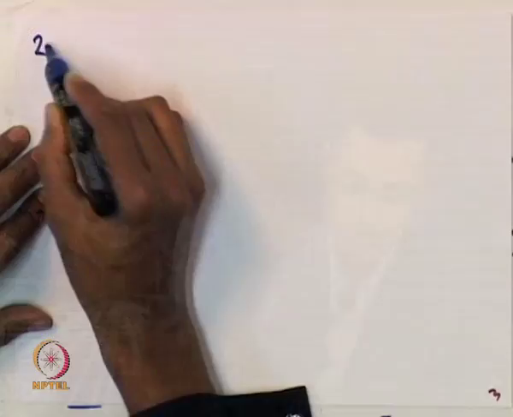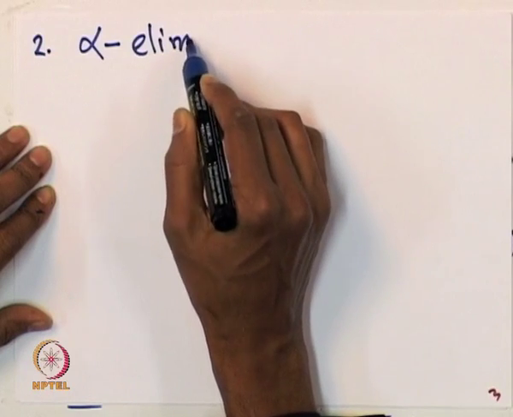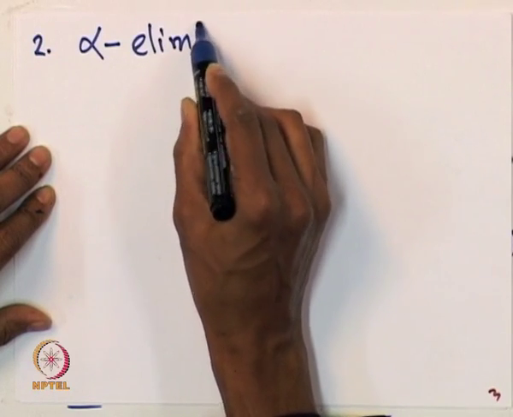Okay. But of course, you should keep your eyes open for such transformations. Next we will move on quickly to alpha elimination. We will discuss the reverse process of alpha migratory insertion, that is alpha elimination.